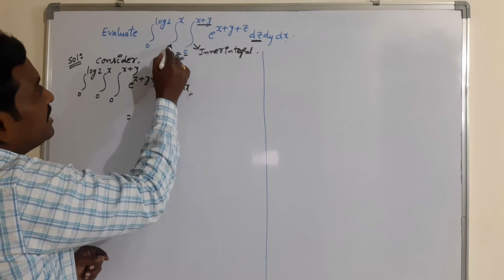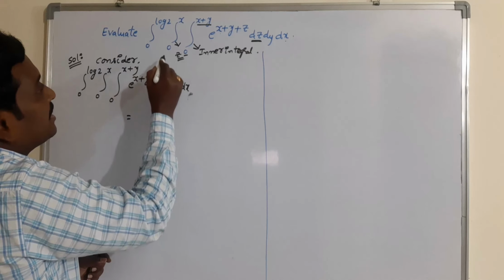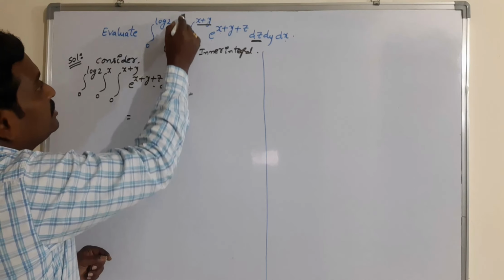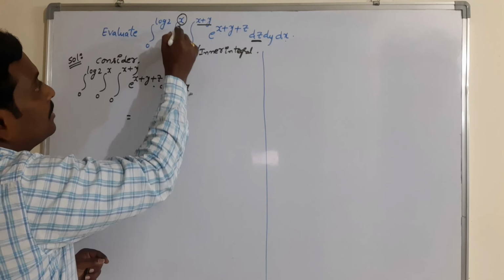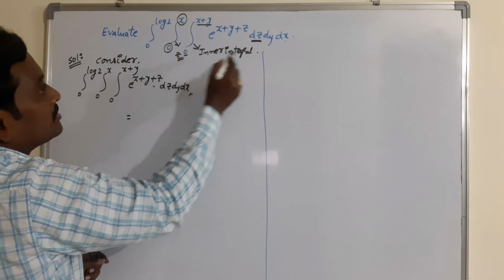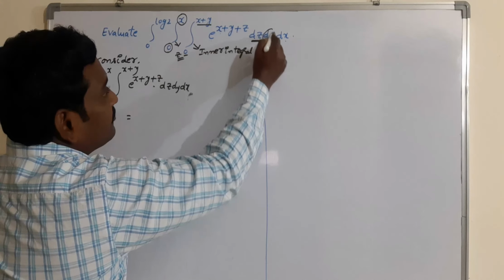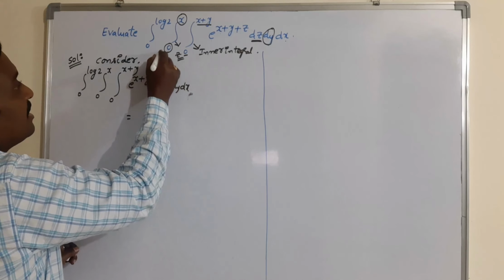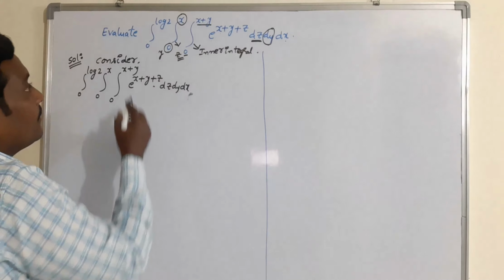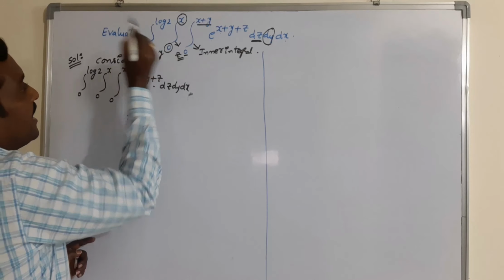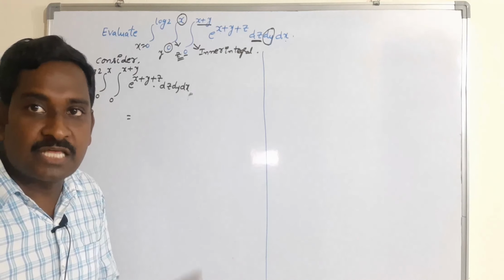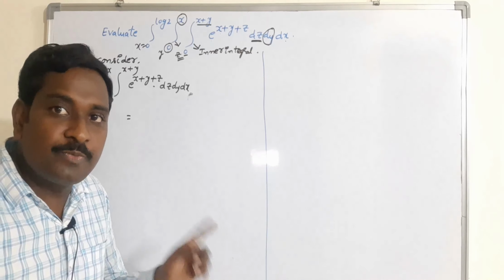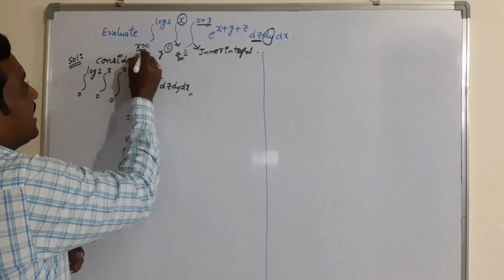The limits of the second integral are 0 to x, which are in terms of x. Also here we have dy, that's why these are the y limits. Automatically the outer integral is the x limits. The limits of the outer integral should be constants, which are the x limits.